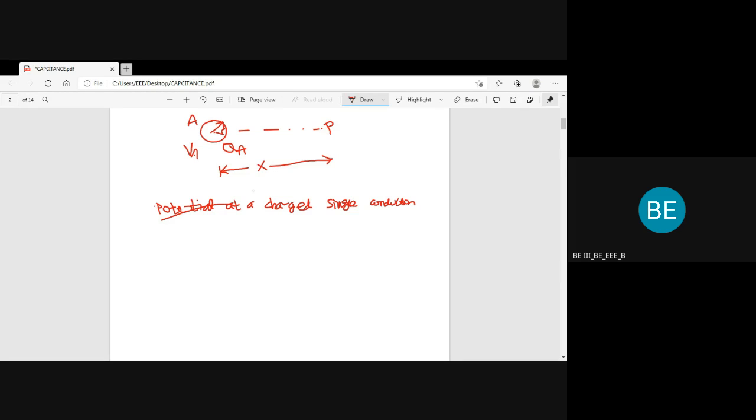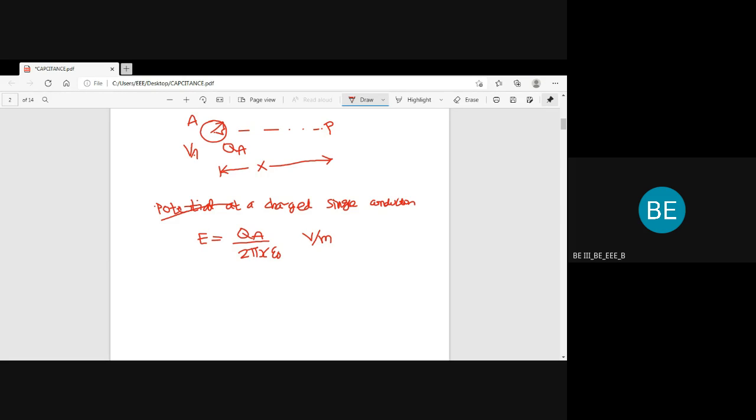We have to find the electric field intensity E at a distance x meters from the center of the conductor. We know the formula: E equals QA divided by 2 pi x epsilon naught volts per meter.